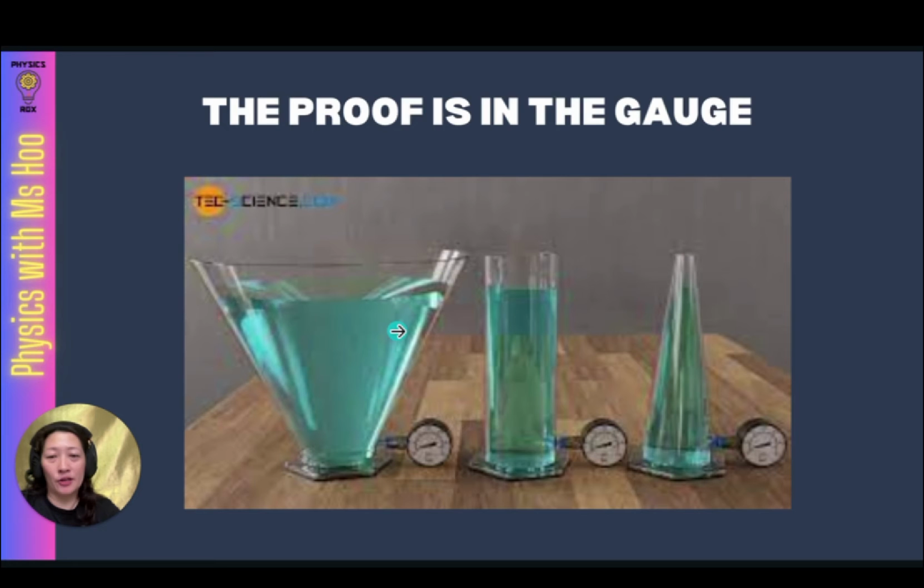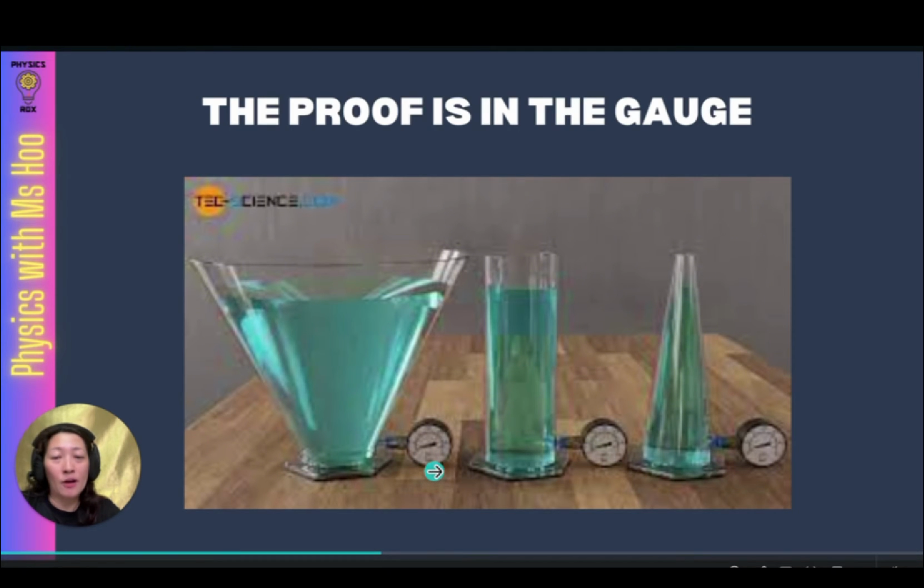In this picture, we have three different containers filled up with the same type of liquid. They've colored the liquid to be the same color here just to visually remind you that they're all the same liquid. Each of these containers is resting on a base plate, and this base plate is actually measuring the pressure that's being exerted. You can see that there are pressure gauges attached to each of these base plates.